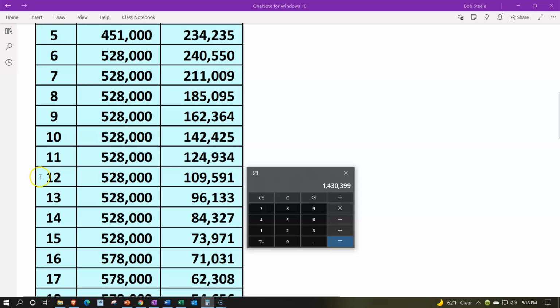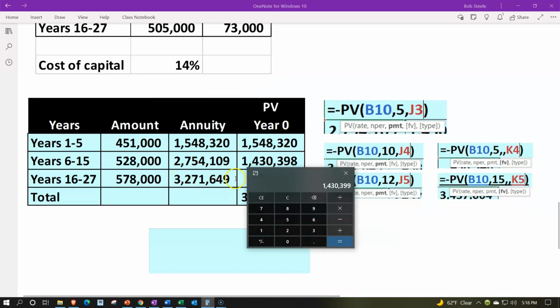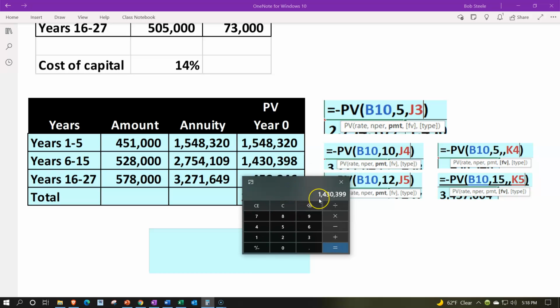All right, I think that's it. Okay, let's bring it on down. Did I do that correctly? I totally did it correctly. I wasn't worried. 1,430,399 about.